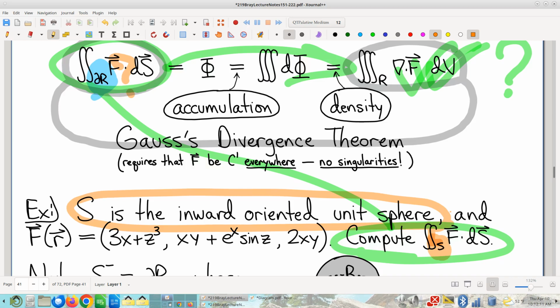And I know I'm making a big deal out of a seemingly small point, and I'm making a big deal out of this because this is so important. I see this happen on exams so often that students will, as I was kind of casually implying with the green highlighting, see a flux. Oh, flux, cool, Gauss, boom, triple integral, divergence, and just proceed. And the argument doesn't hold any water.